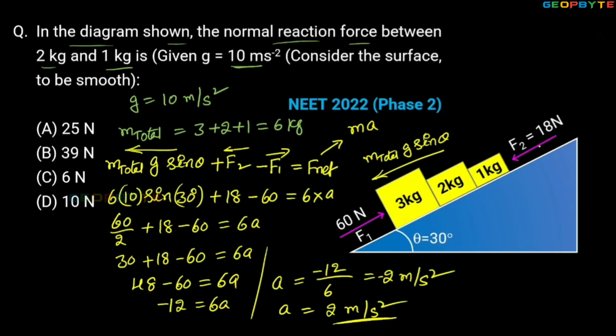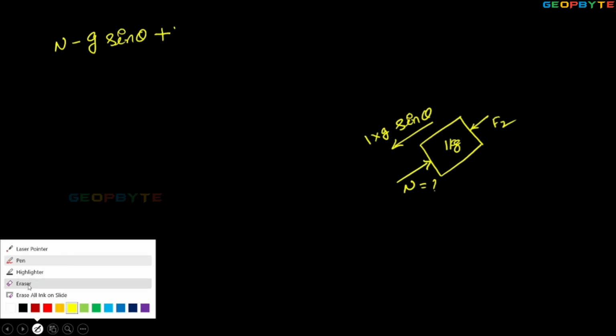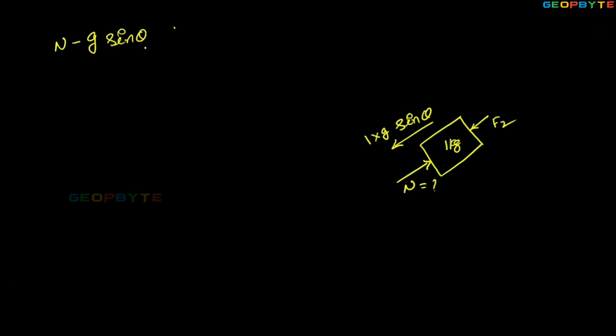Now, with respect to the 1 kg mass, F2 is acting in this direction, the component 1 into g into sine theta is acting in this direction, and look at the normal force N. Now N minus g sine theta minus F2, because both are acting in the same direction, must be equal to the mass of that particular body times the acceleration.